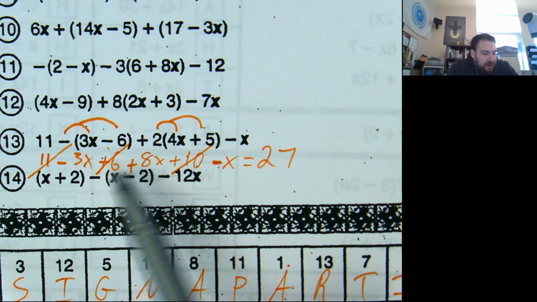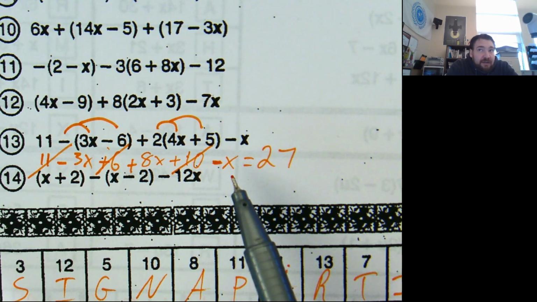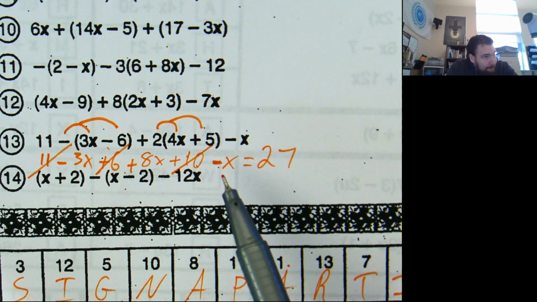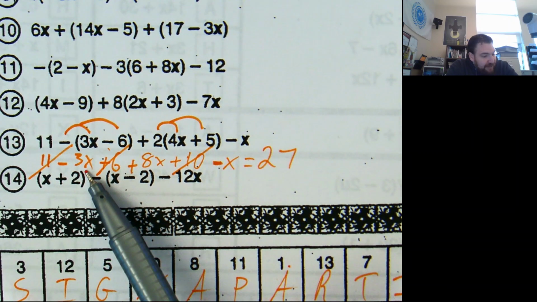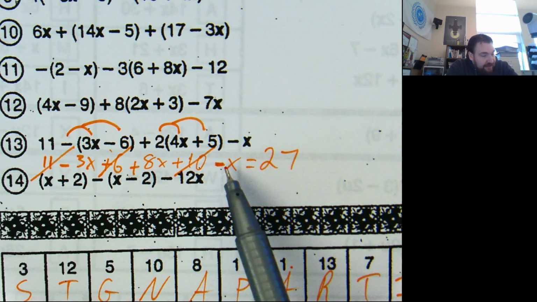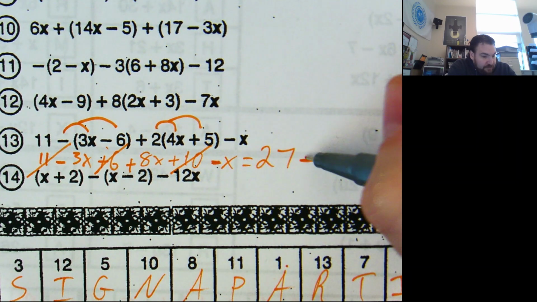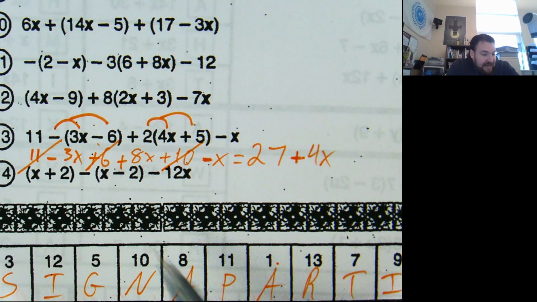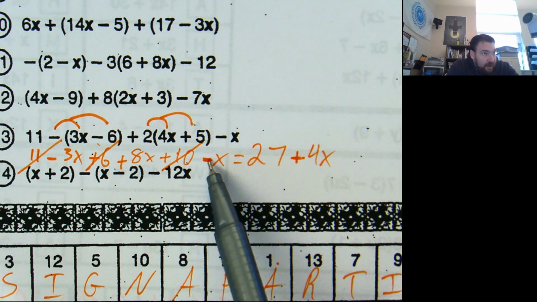Negative 3x, positive 8x, and negative x are going to give us positive 4x, because negative 3 plus 8 is positive 5, minus 1 is positive 4.